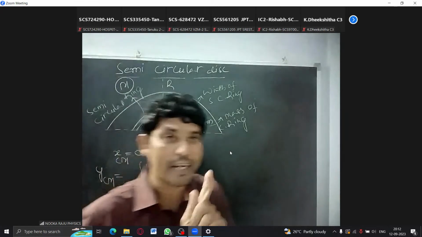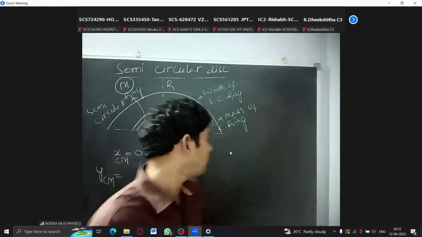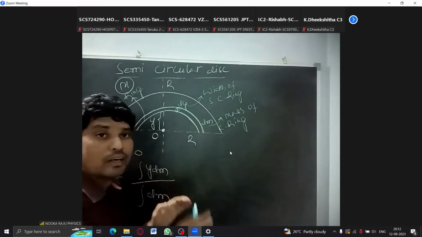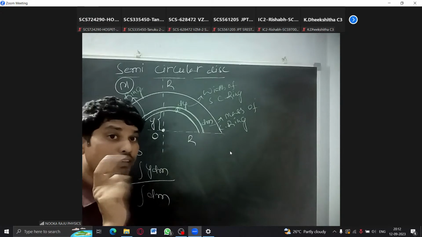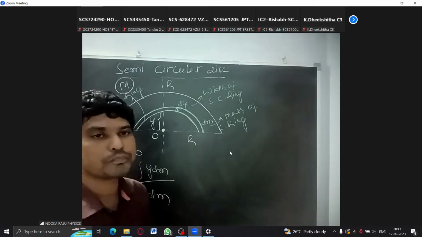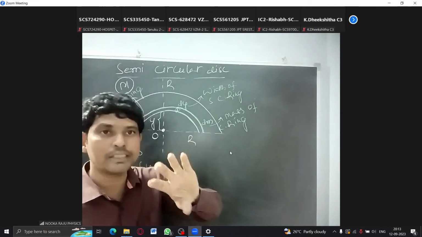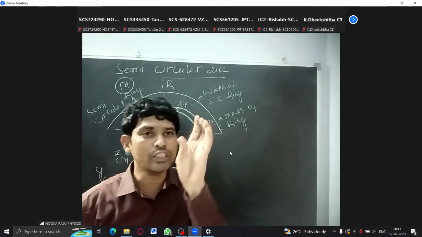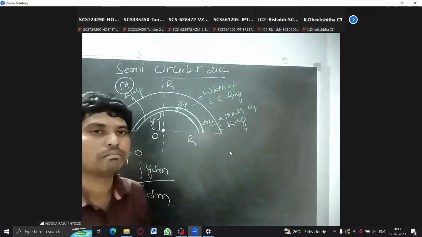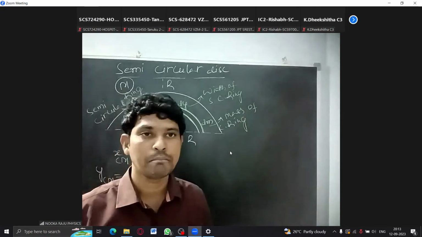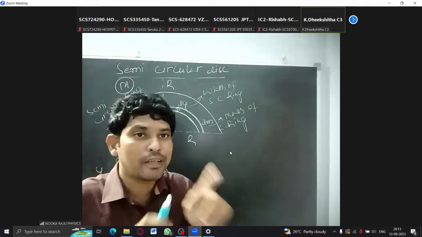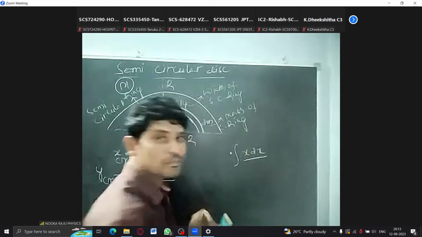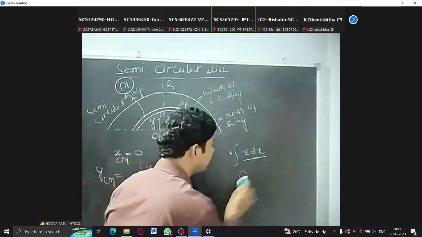Students, identify one important point here. Whenever you develop any mathematical approach, first you should convert into similar terms. That is very important. Otherwise, if you have a number of variables, the calculation will be very difficult. For example, integration of x dx gives x square by 2, and integration of y dy.